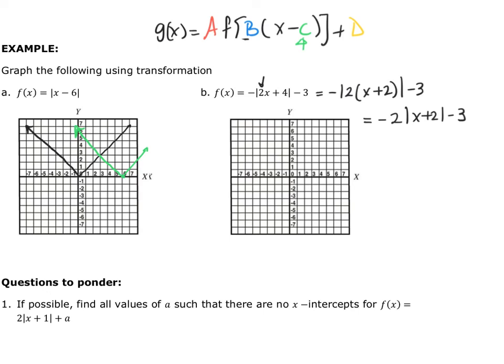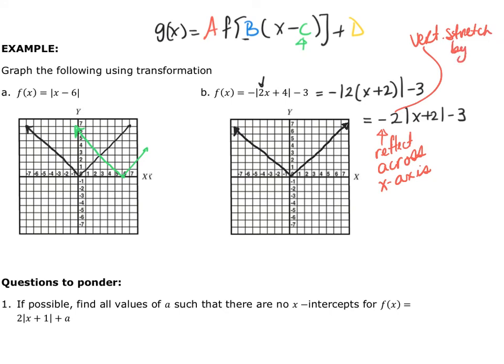So again, I'm going to draw my original function. It comes out like this and like this. And then the transformation here is this negative is going to reflect across the x-axis. The 2 is a vertical stretch by 2.